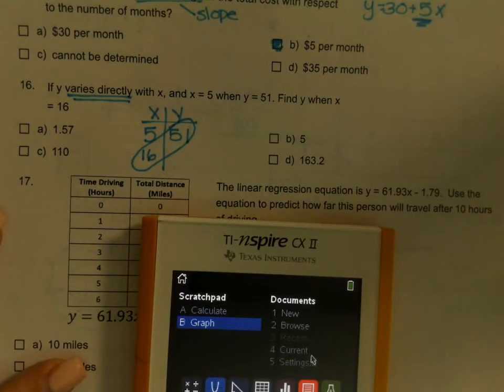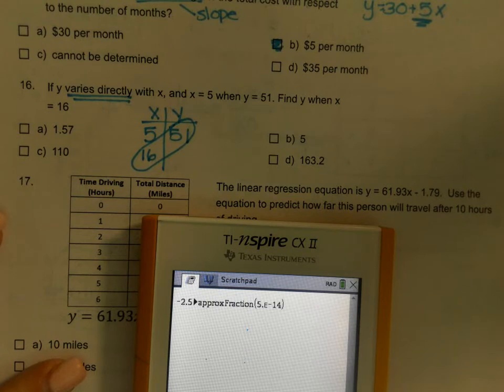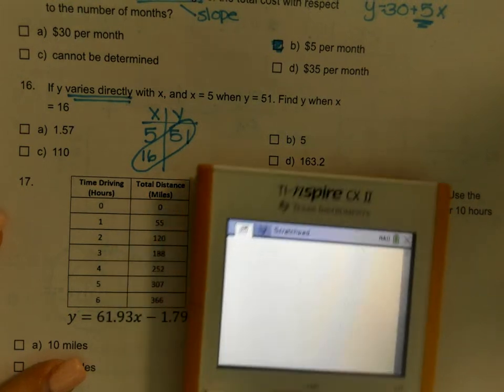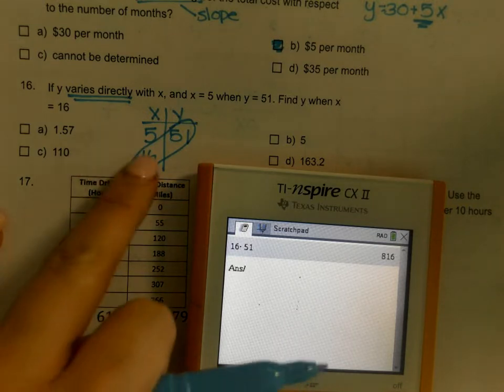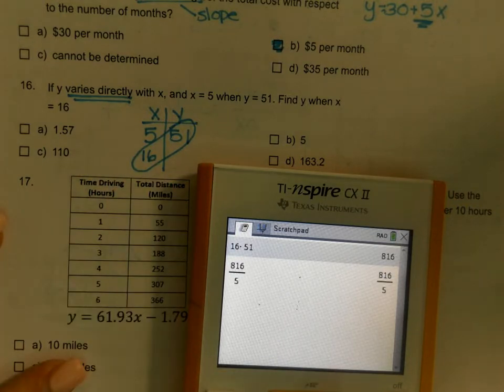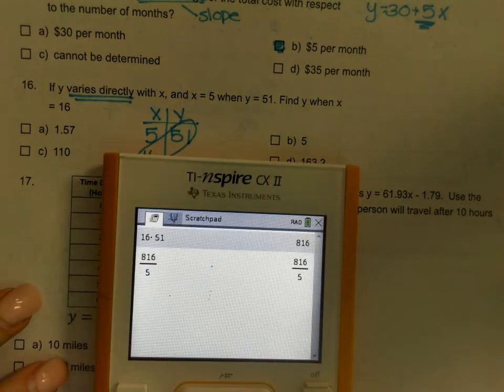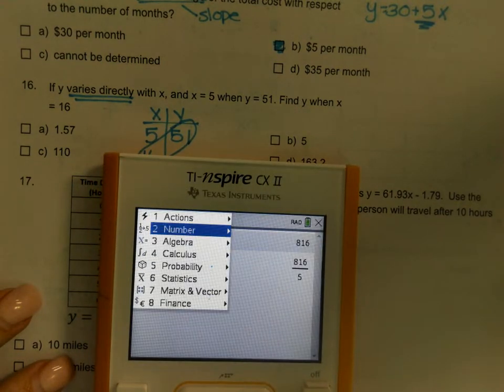So I'm just going to go to the calculate screen. So I'm taking 16 times 51, and then you divide by the 5. I want a decimal approximation.